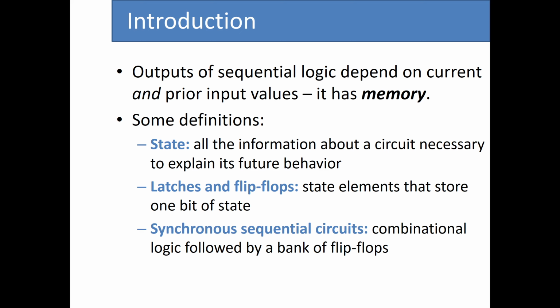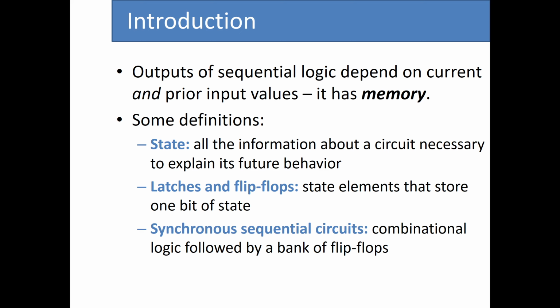So even though we may have some delays before we see the effect of changing the inputs at the outputs, nonetheless, we don't have any connection between the outputs at the current time and the previous outputs.